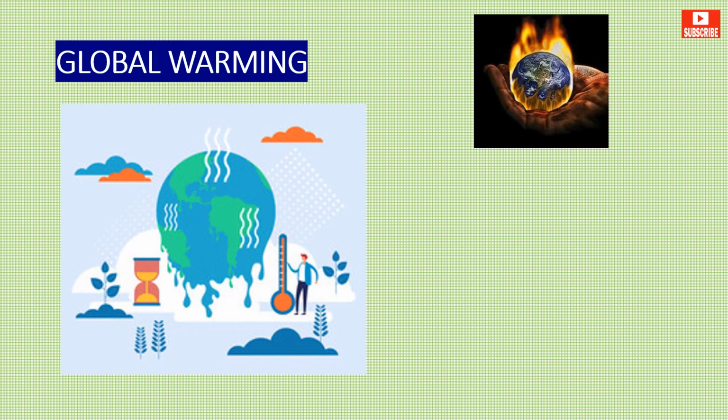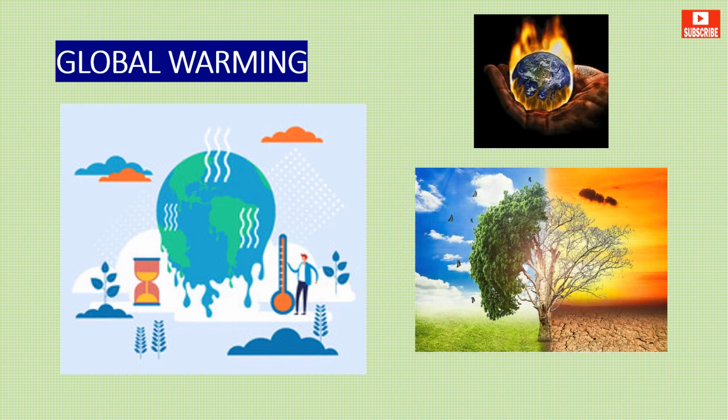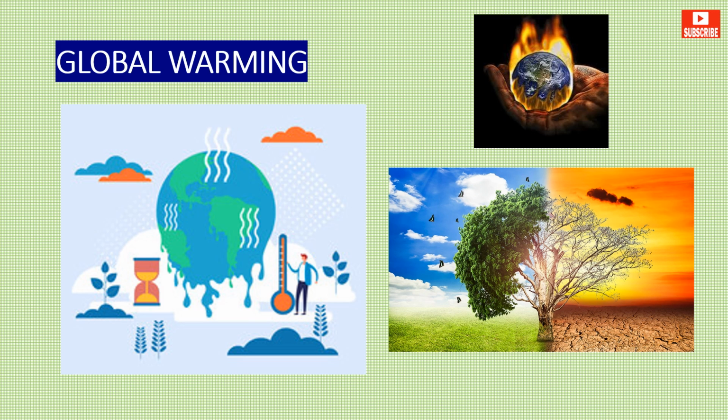Global warming is an increase in the temperature of the Earth's atmosphere which is due to the greenhouse effect. The globe is heating up. Both land and oceans are warmer now than they were when record keeping began in 1880, and temperatures are still ticking upward. This rise in heat is global warming.